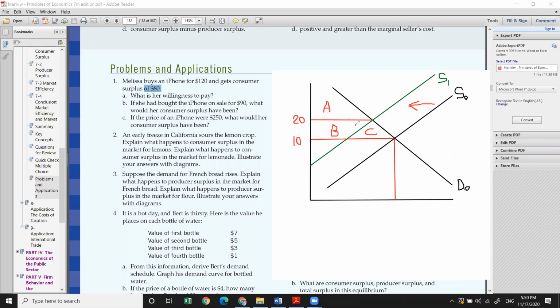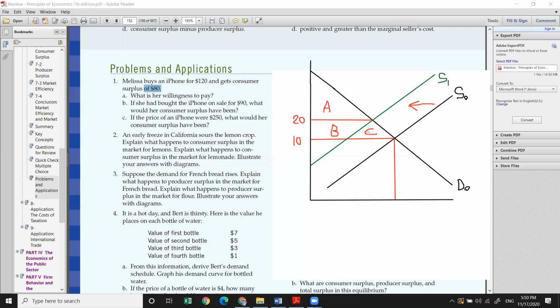So the consumer surplus declines from A, B, C to just A. If we connect these lines, this is a triangle, A, B, C. This is the consumer surplus she could get.